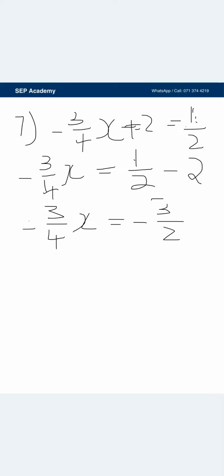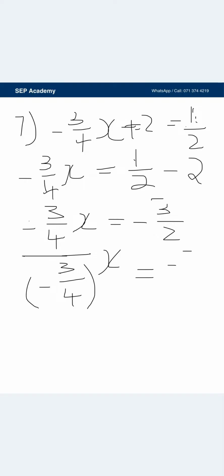So I think by now you do know very well that I'm going to divide both sides by that, just so that I can detach it. Then this should be equal to, on this side I'm having that negative 3 over 2, where I need to divide it by that, just so that this will cancel completely with that.